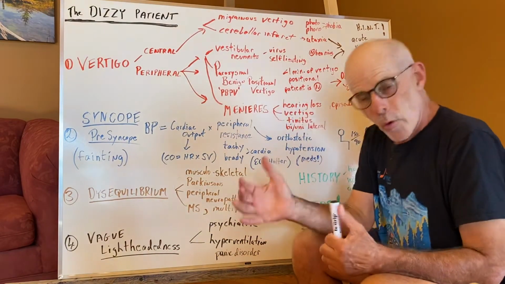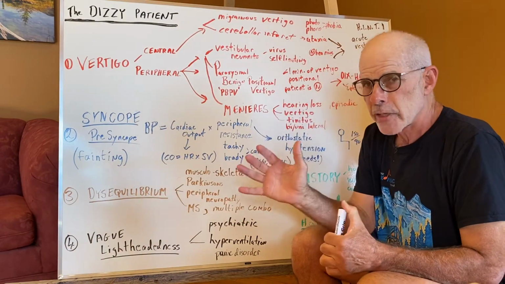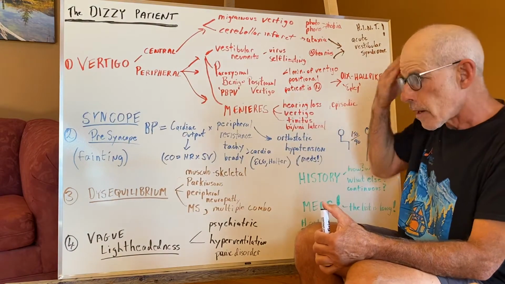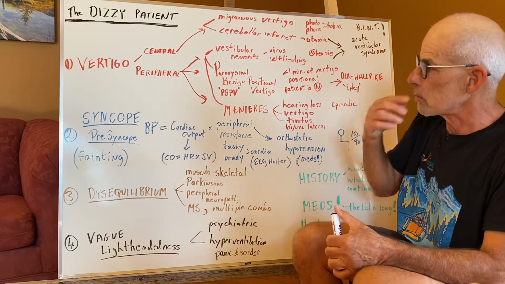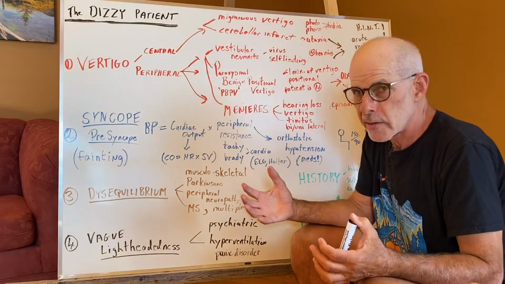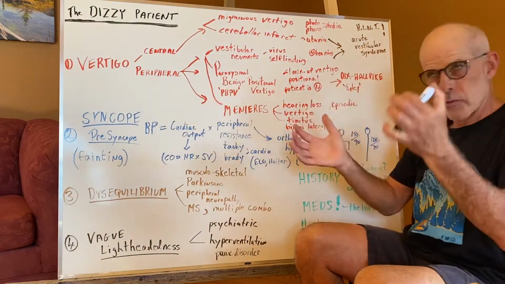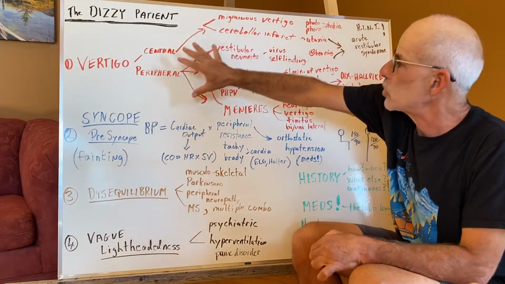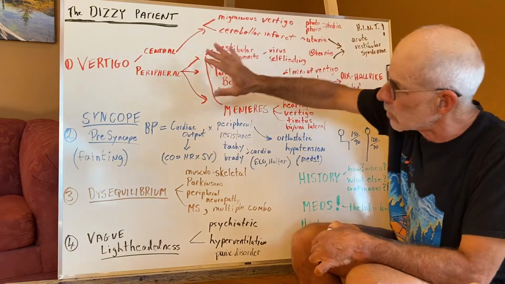So it's very important that you get a good and accurate history to try to pin down which of these four possibilities is most likely. If you're getting a definite sensation of motion and they're telling you that the head is spinning, then you start to look at the vertiginous problems and their differential diagnosis.